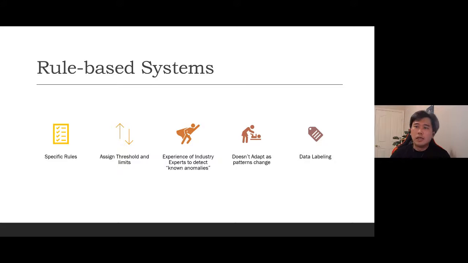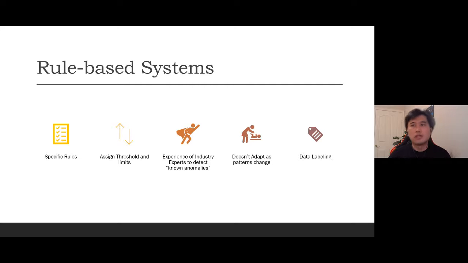So you assign the threshold and limits, and at the end of the day, the industry experts are the ones that can detect known anomalies, because through time and through experiments they know the thresholds and limits for specific items you're trying to track.